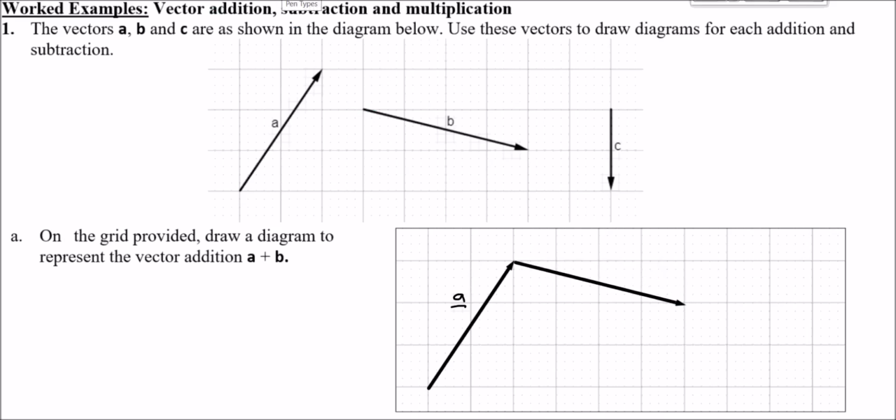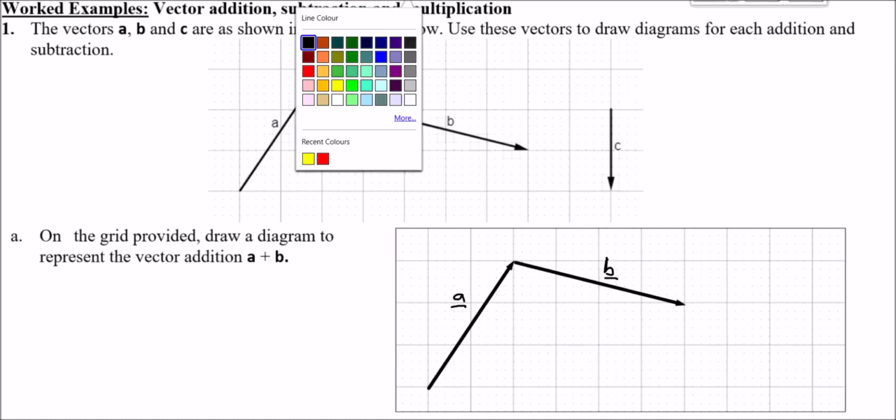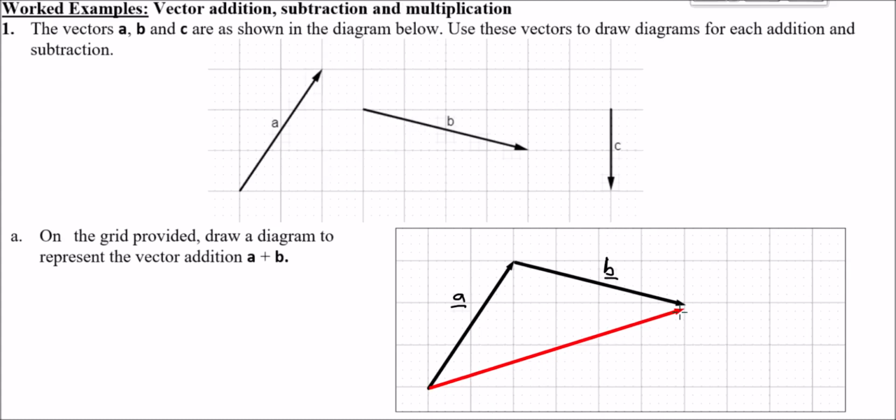And so this one here is vector B. And so the resultant vector, which is A plus B, we're starting at the tail of A and ending at the arrowhead of B. And so the vector from A to B is going to be, I'll do this in a different colour, represented by this vector here. And so this vector in red is A plus B.